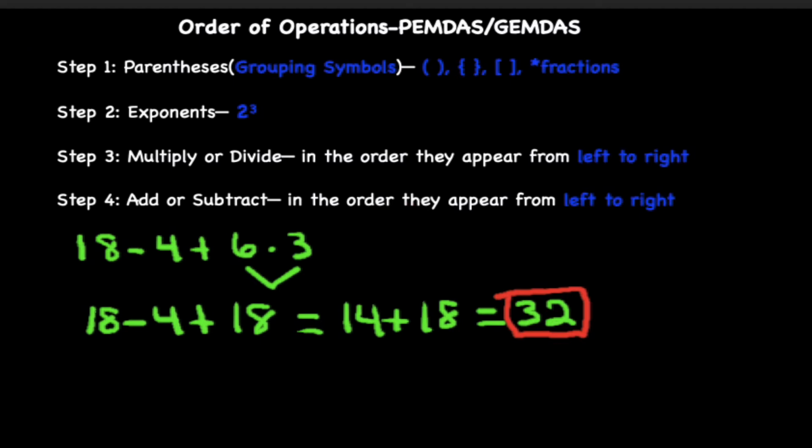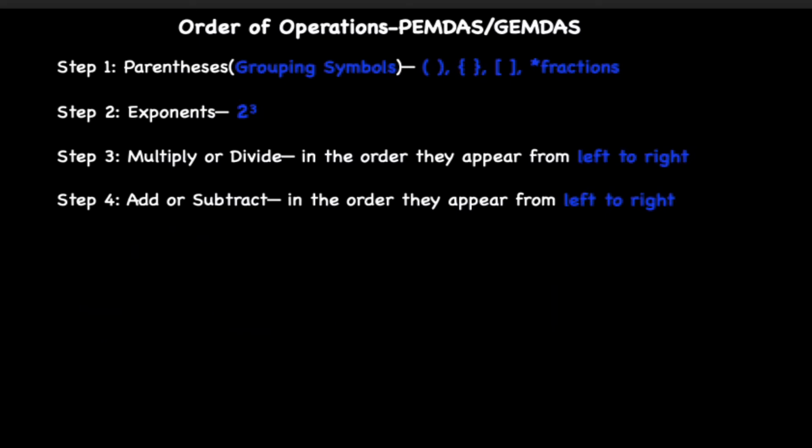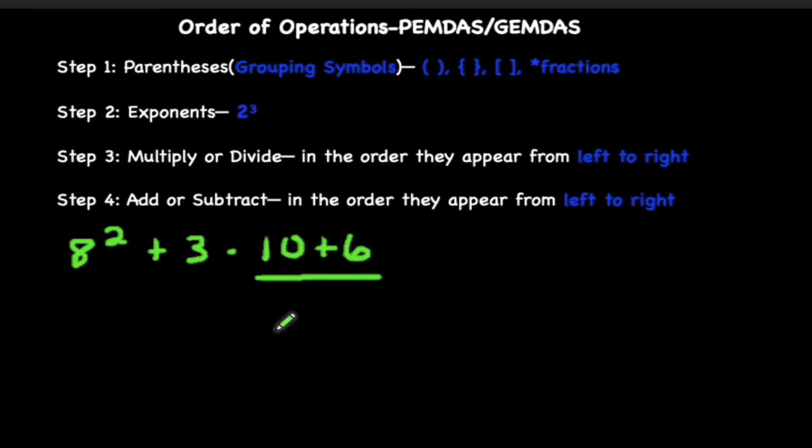Let's go over another problem. Let's say that you're given 8 squared plus 3 times 10 plus 6, and that's divided by 4 minus 2. This is where our fractions come into play.